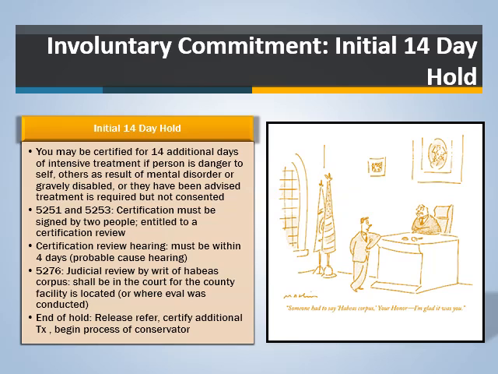This is called a certification, and it has to be signed by 2 people. It can be reviewed, and that must be within 4 days of a probable cause hearing. So you can challenge it. And this is to try to protect against not involuntary, but unlawful imprisonment.